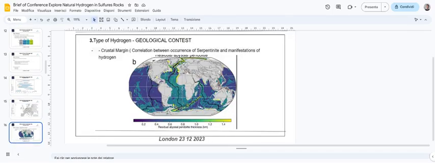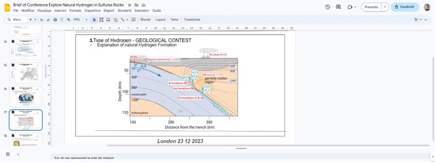The crustal margin shows a correlation between the occurrence of serpentinite and the manifestation of hydrogen. It's clear that the manifestation of natural hydrogen is linked to some plate boundaries in some places of the world, like crustal margins of rifts. We have a high potential also, for example, in this part of the Red Sea.